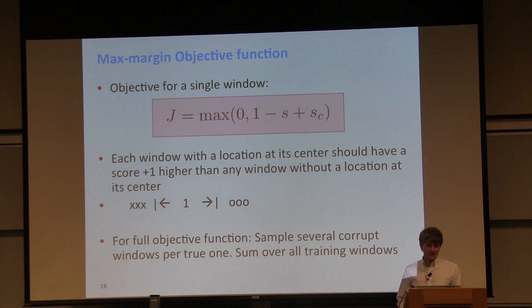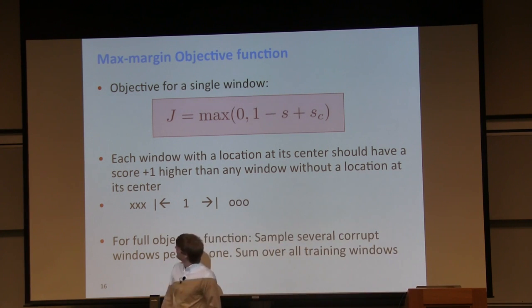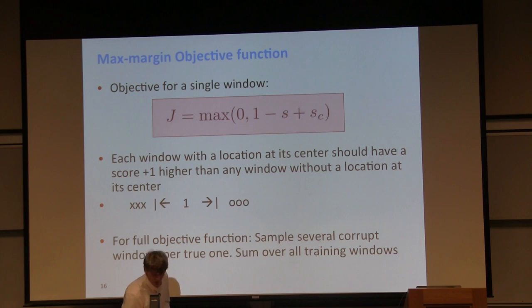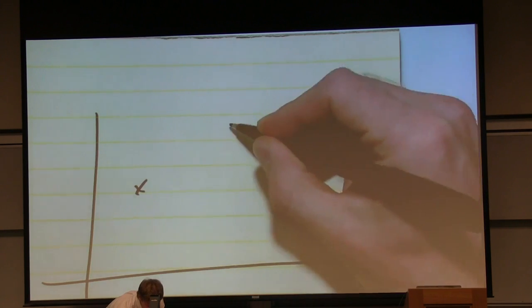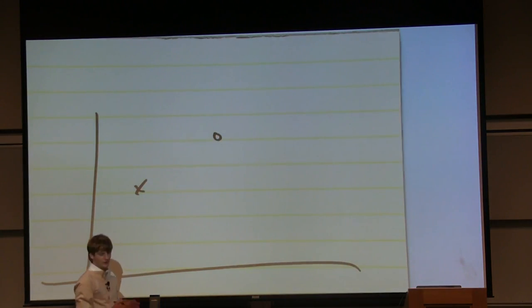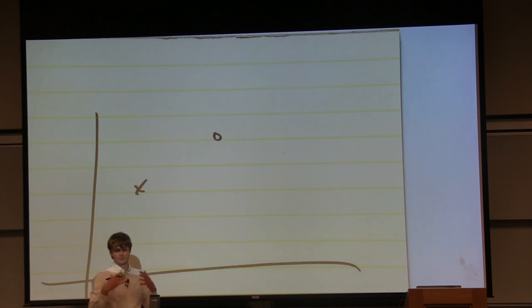Okay, intuitively, you can also think of the max margin as essentially trying to define a better decision boundary. So if you have, for instance, two word vectors, and let's say you have a positive example here and a negative example here. Now there are lots of ways you can try to compute a decision boundary to distinguish one from the other.